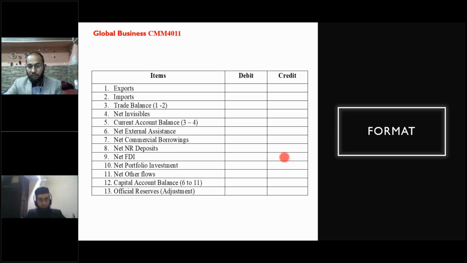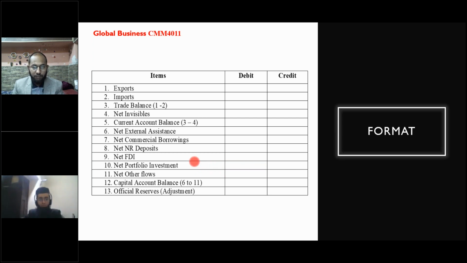Because we are receiving more, it will be on credit, otherwise it will be on debit. Portfolio investment is the same. Any capital investment of less than 10% into the equity of any Indian company, any domestic company, is portfolio investment, which will come under credit if it is positive and debit if it is negative.